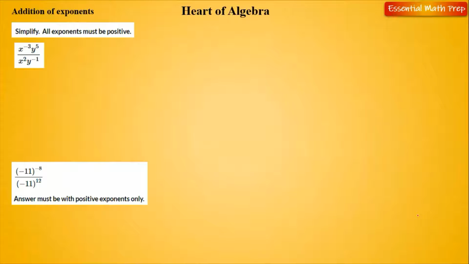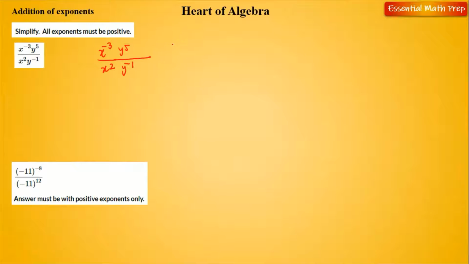All right, again, another problem for practice. All exponents must be positive. So we have x power negative 3 over x squared. Again, of all these terms, y power 5 is in the numerator and y to the negative 1 is in the denominator.